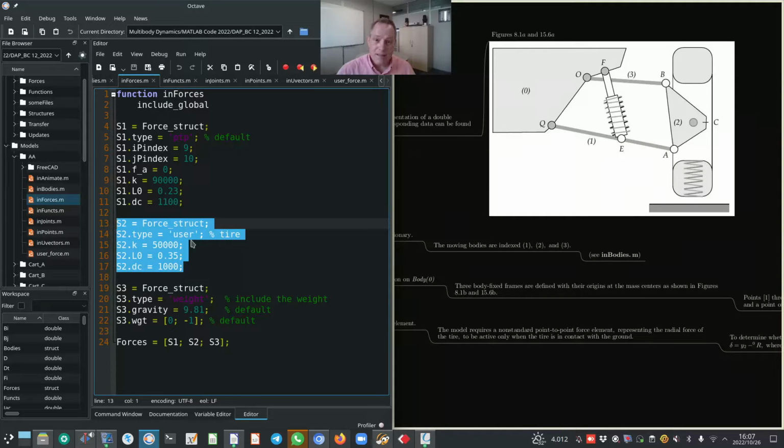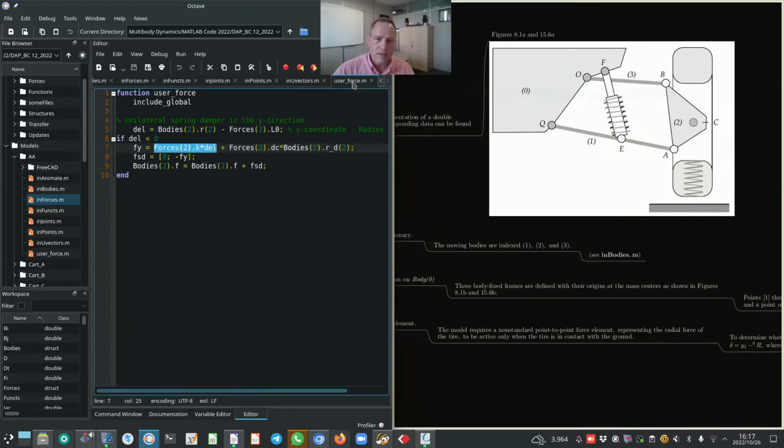So in here we also make use of a user force, and we pass the stiffness, undeformed length and damping coefficient to this user force. These values follow from subsection 15.6, which we've discussed in lecture 5, and it's also included in the mind map, so I'm not going to revisit that.